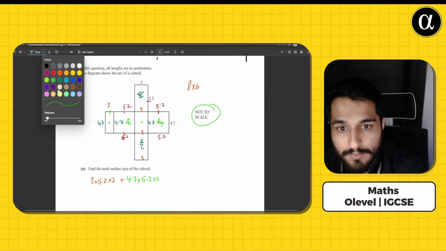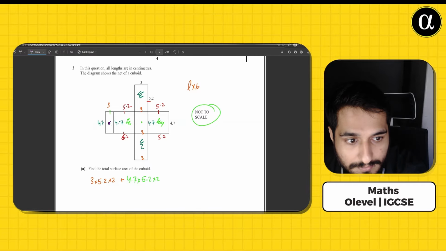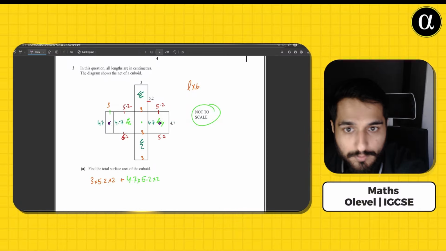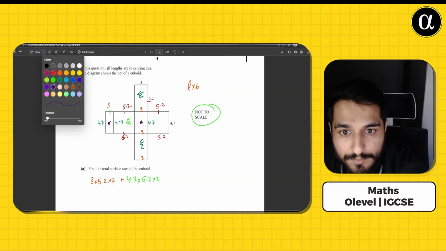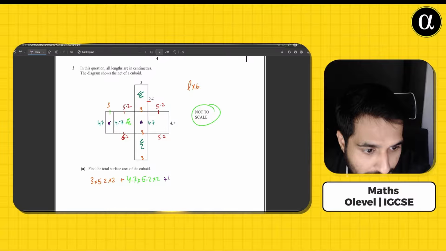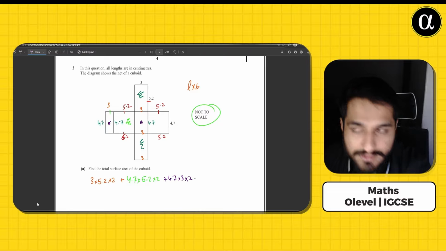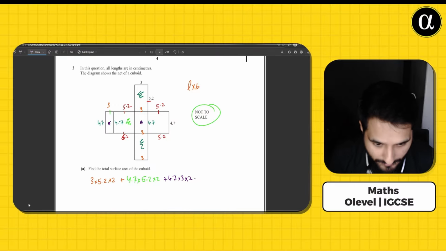And the third step is where this shape would be the same as this shape, not this one, sorry, this shape is going to be the same as this shape, and the dimensions are going to be 4.7 into 3 into 2 plus 4.7 into 3 into 2. That's how you find the surface area, and for the total surface area, you need to add these together.